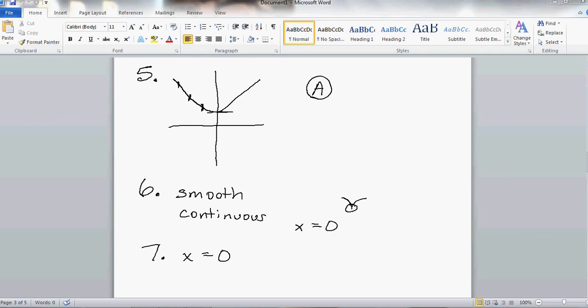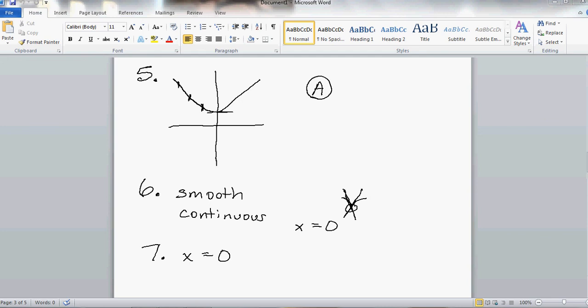Another way to look at it is, what would the slope be right at that point? Or even better, going back to number 6, what would the slope be at 0? Would it be this slope right here, or this one right here? Which one? That's why it's not even defined.